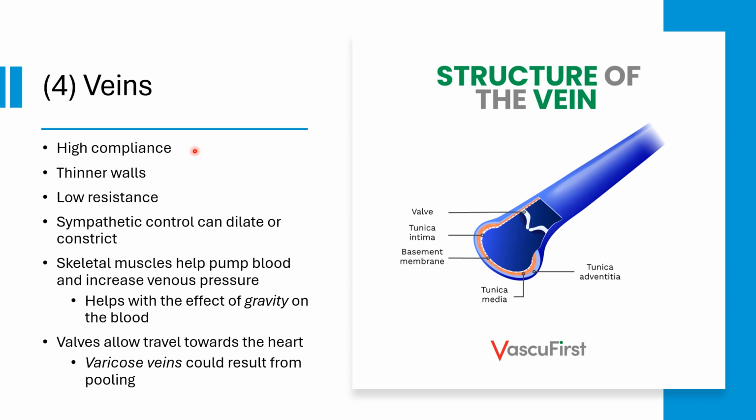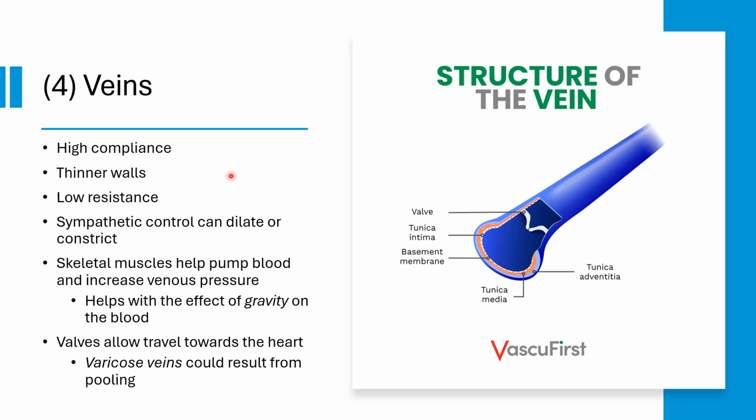It has a very low resistance because of the endothelial cells inside of the vein that cause a smooth surface for the blood cells to be able to pass through very quickly.